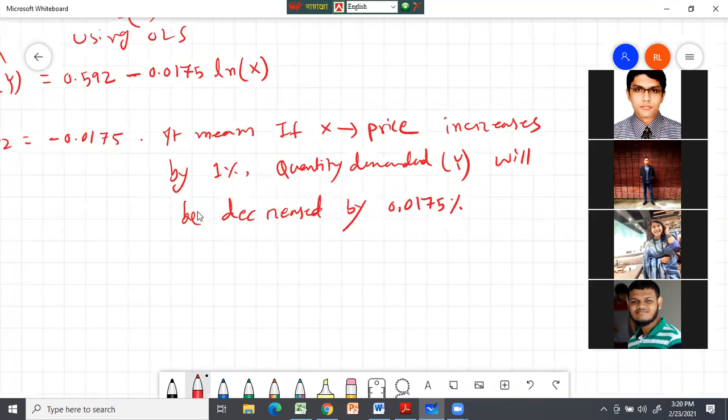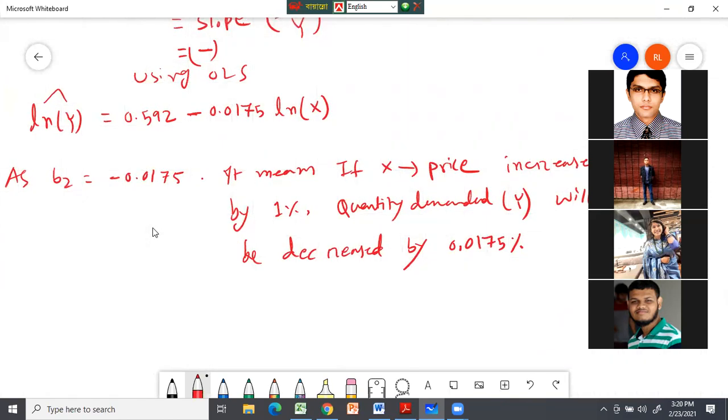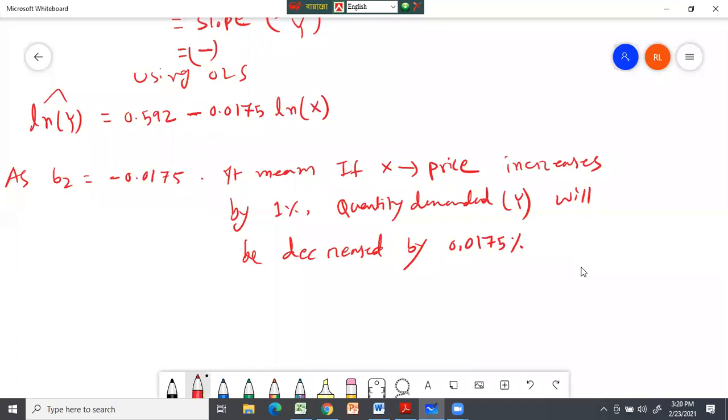So this is the explanation you will get after the estimation of the B1 and B2 values from your log linear model. Remember that when your B2 value is calculated, as the relationship between these two variables is economically negative, the B2 value should be estimated as a negative value, minus 0.0175, and it means if price increases by 1%, then quantity demanded, followed by Y, will decrease by 0.0175%.